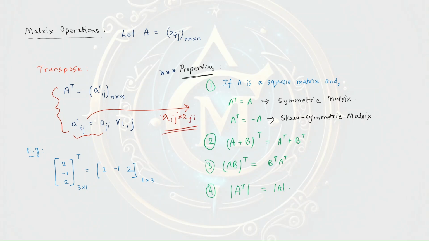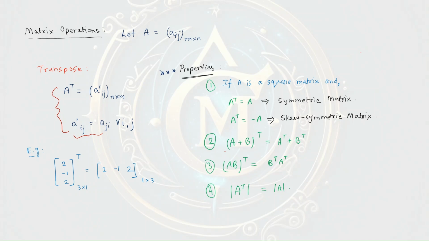Upon performing the transpose operation, we get this, and this is equal to Aji. So it is the definition of a symmetric matrix. You can see from the earlier slides we saw. Similarly, if A transpose is minus A, then it is called a skew symmetric matrix. You can also prove this by the method we already discussed.